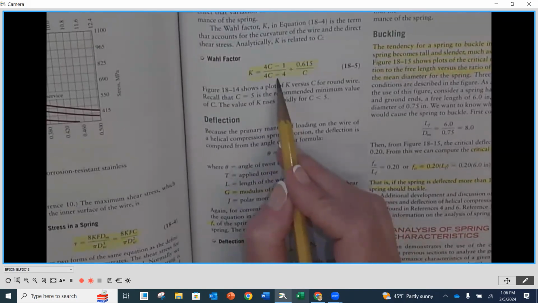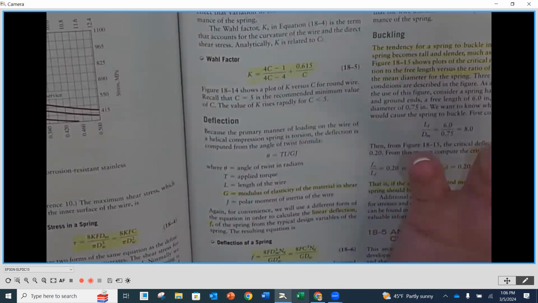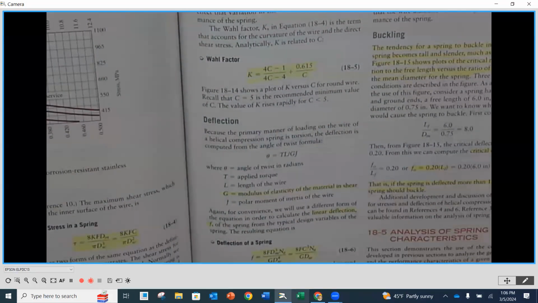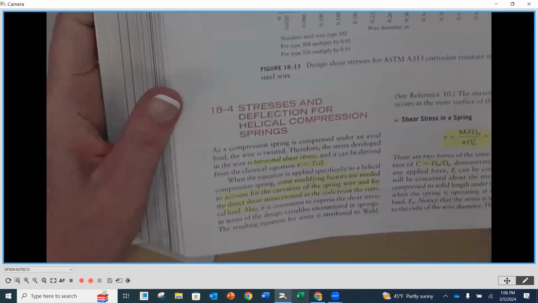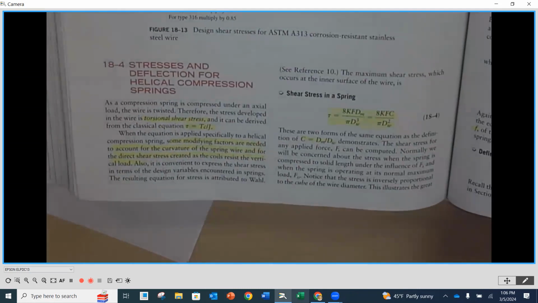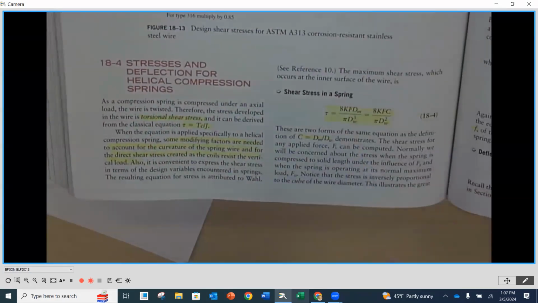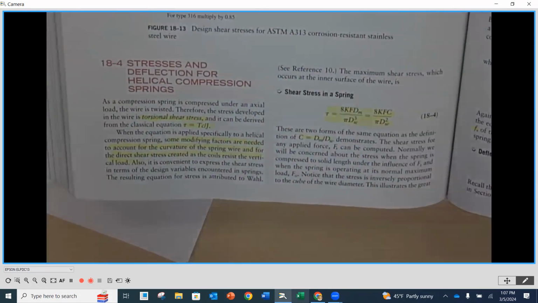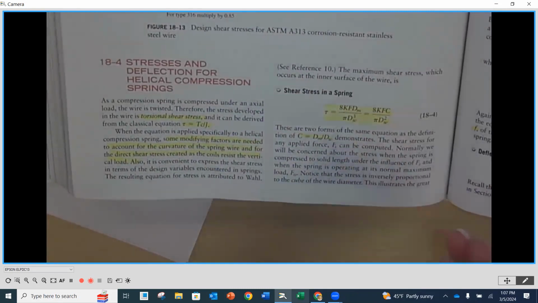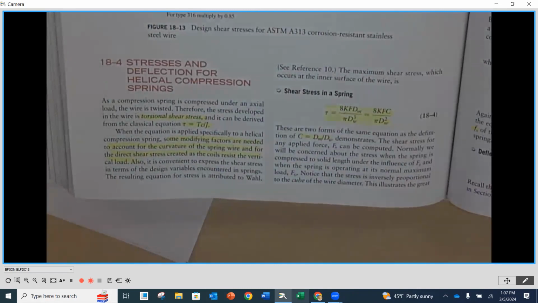So what this wall factor looks at is exactly that, using that curvature, that C value, making sure that it's higher than 5, and then plugging it in. So our C factor is very much part of the amount of stress that's going to be created, because K is in the top of this equation. So the higher the K value, the higher the torsional shear stress.